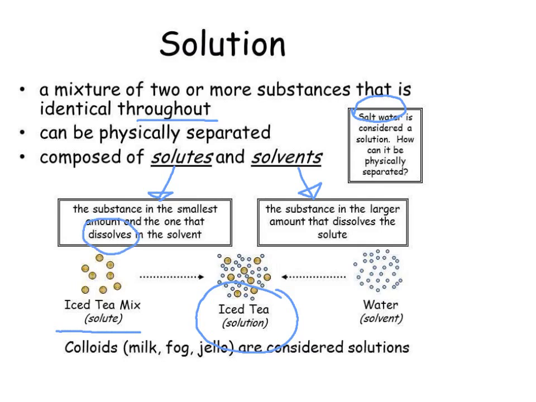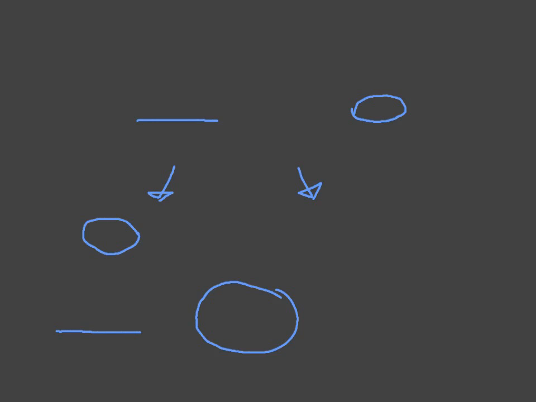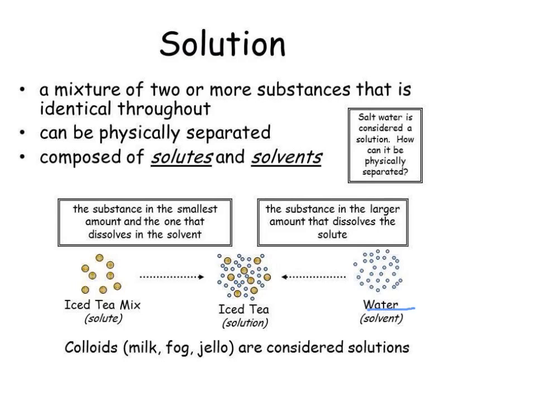In the process of combining the iced tea mix with water, which is considered the universal solvent, the iced tea mix will be dissolved in the water. So out of combining the iced tea mix with water, we come up with iced tea, a solution which already contains both the solute and the solvent.